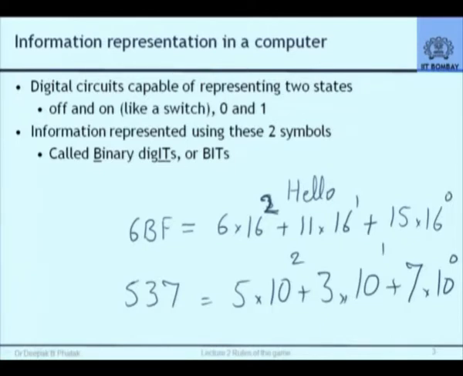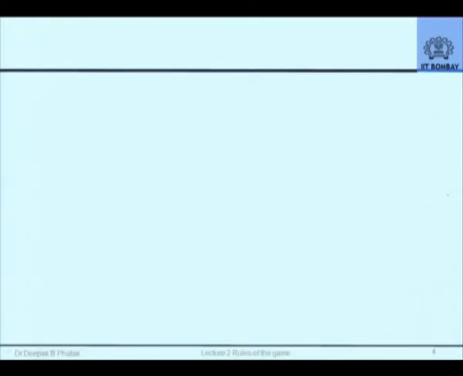Once you understand this, the binary system is much simpler. It has only 0 and 1, and the power that you will raise to will be of the base 2. Let's say this is a binary number. If you read it as decimal, it will read as 1011.